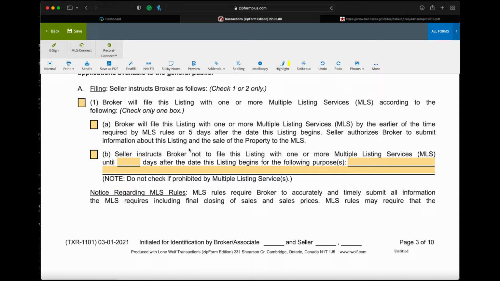They don't want anybody to know that they're selling their property. This usually happens with very high-end homes or very discreet sellers, maybe somebody famous, and they just don't want any of their information out there. So sometimes you'll check this, but most of the time it's always this one here.